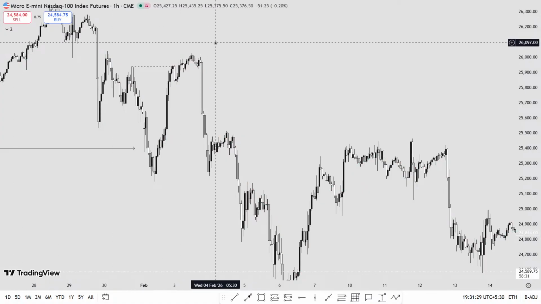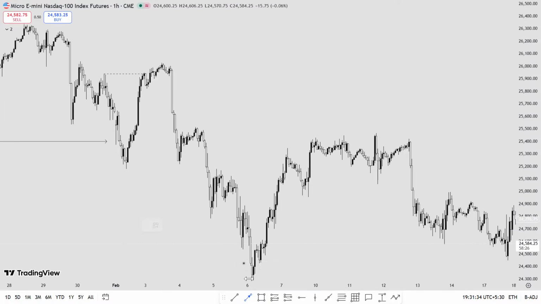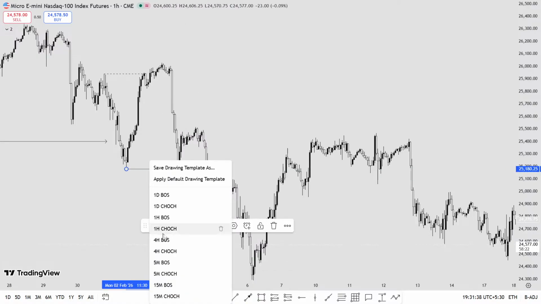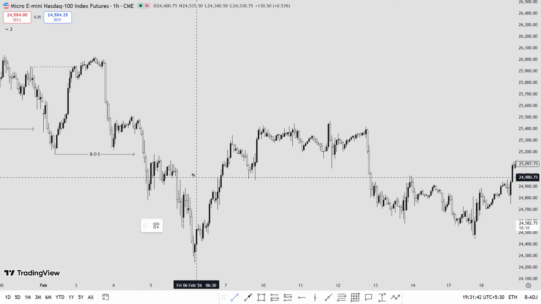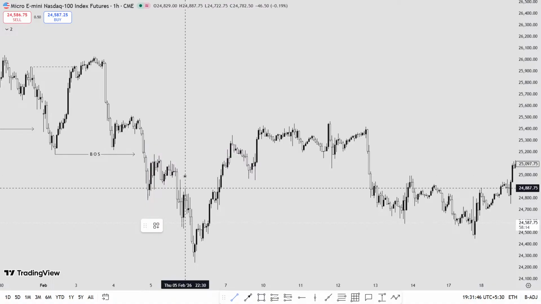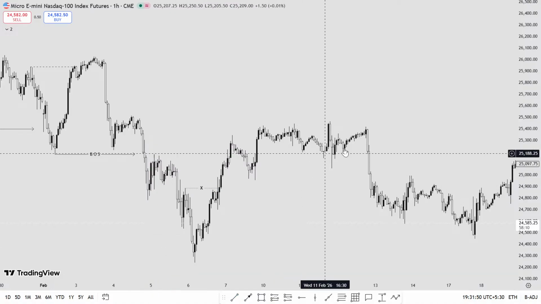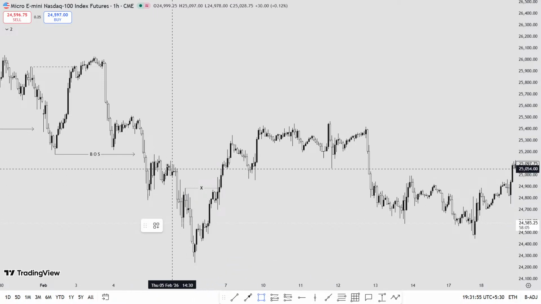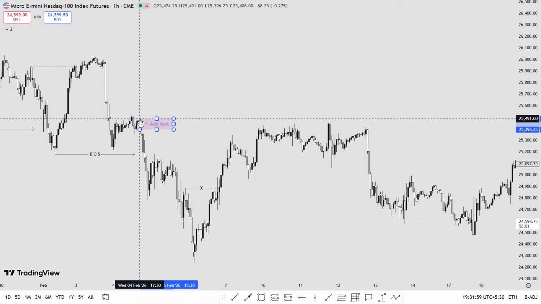I usually use this in bigger and lower time frames. Yeah. So the first liquidity zone was this one. This area was also liquidity, and this was the PY zone, I think.